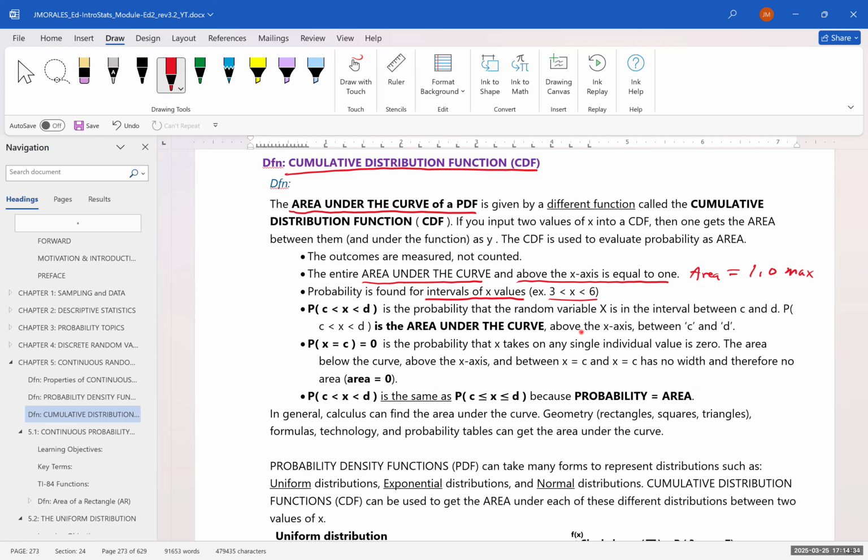We won't be calculating the probability of x occurring to be equal to one particular value, because one particular value cannot have an area underneath it. And you'll kind of see that here in a minute.